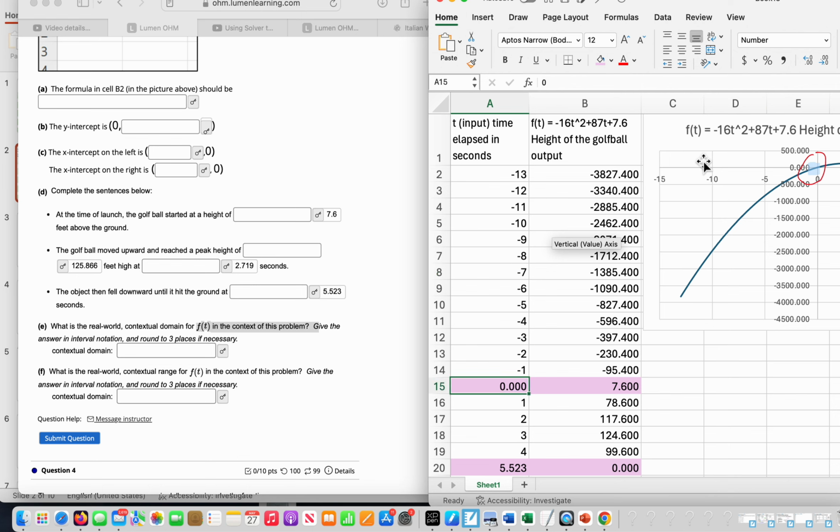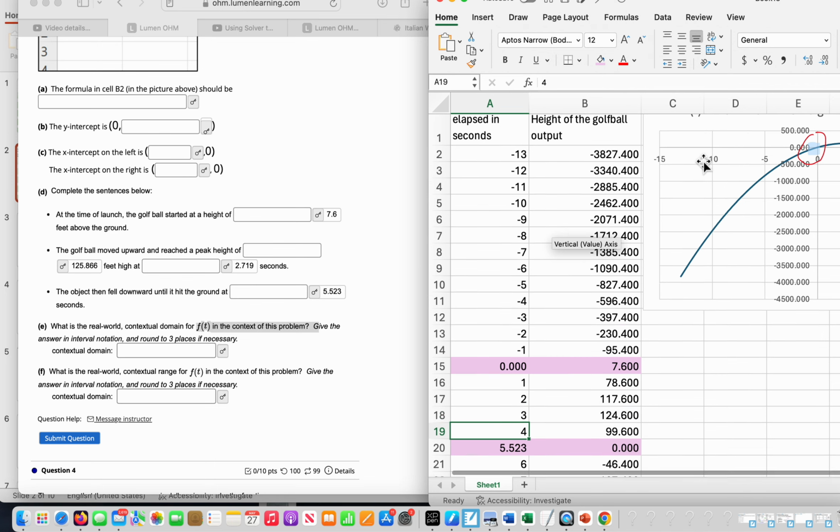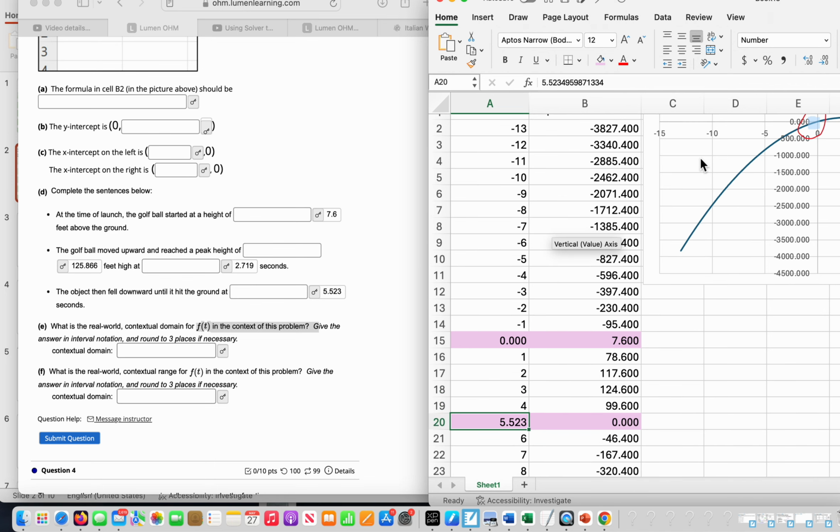So we're not going to have anything less than 0. So we can start at 0 seconds, include 0 seconds, and then 1, 2, 3, 4, and contextually, we can't have seconds beyond the time that the ball hits the ground again, because the ball can't go negative unless it went into a hole, but here it hit the ground at 5.523 seconds.